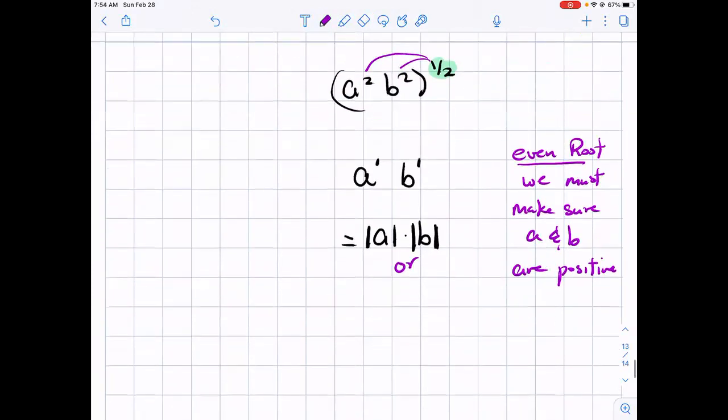So you could write this if you want as the absolute value of ab. Either way will be correct. And we put that absolute value there to make sure that they are both positive. So these are just little techniques that we have to pick up.